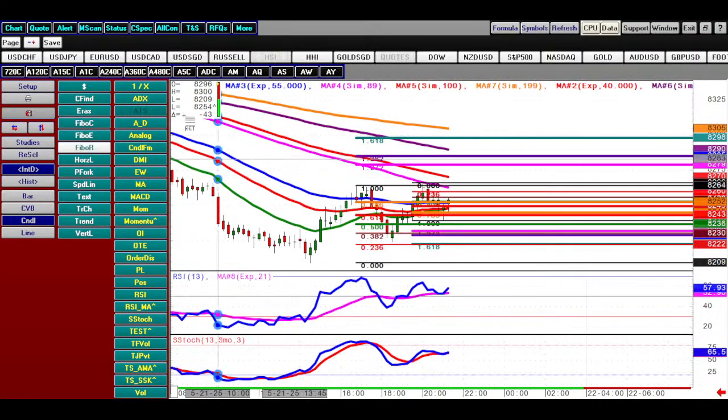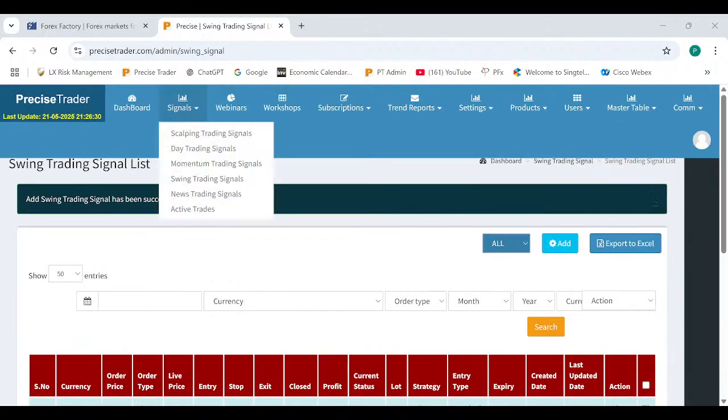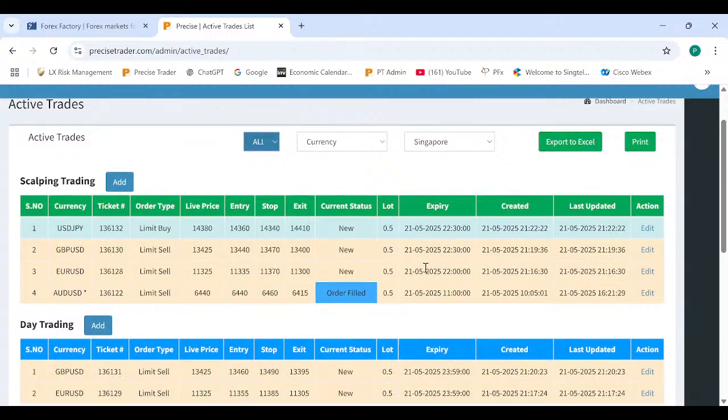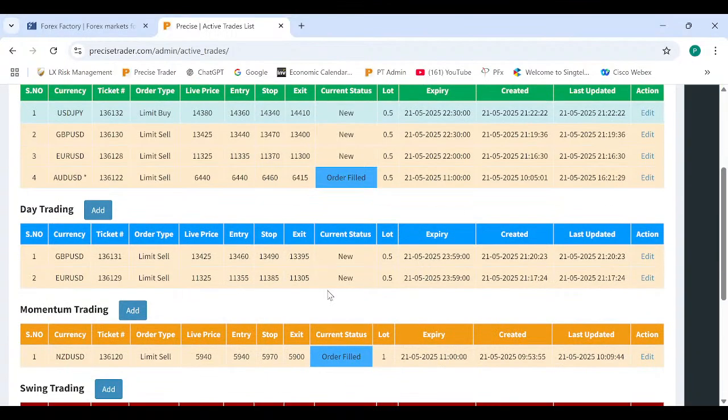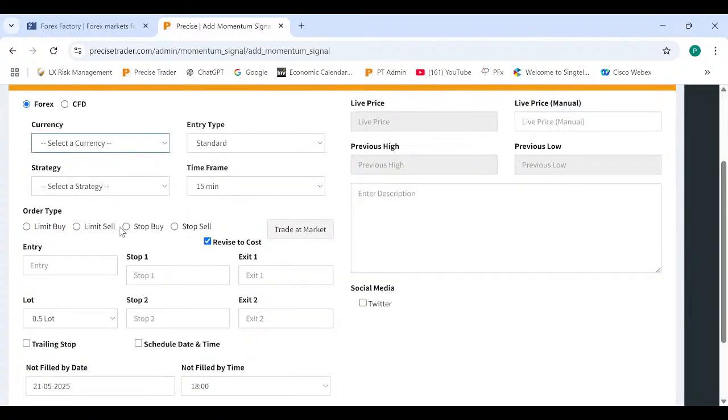That should be our target for the dollar Swiss. We would want to go in as a momentum trade, because this is an ad hoc trade.